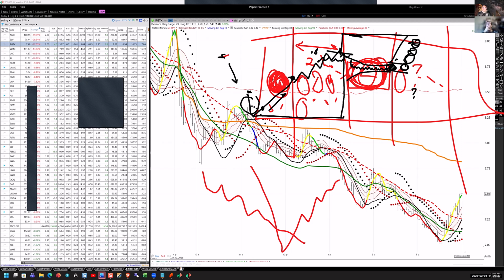Or if it starts failing this way, maybe it comes all the way back to the opening. Or maybe the VWAP was like this.